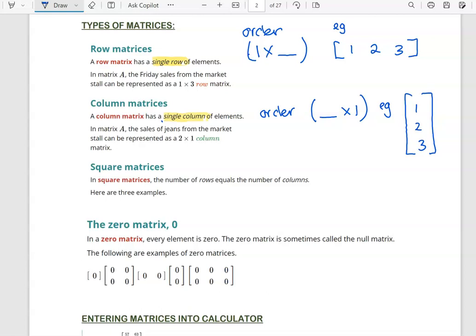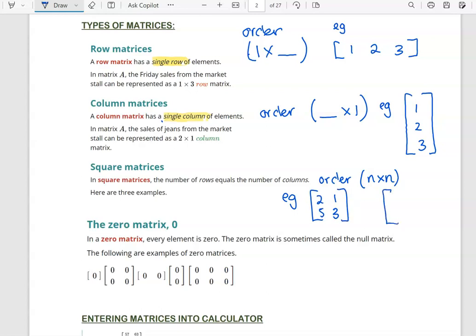When we have a square matrix, you're going to have the same number of rows as columns. So for example, if I do this one, see how it's a 2 by 2.